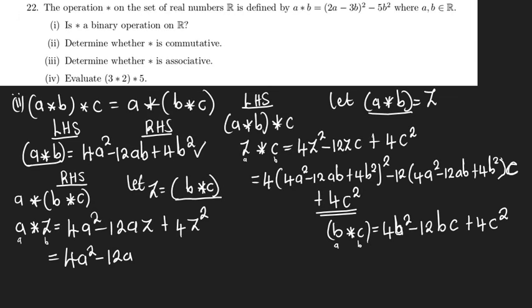So this is our B star C, and we made it equal to Z. So where there is Z, I'm going to replace it with that equation. Then plus 4. Where there is Z, I'll still replace that operation again.